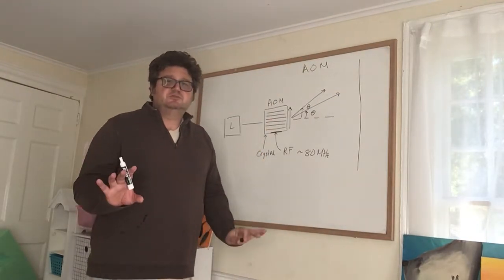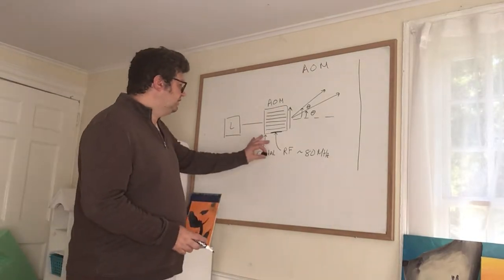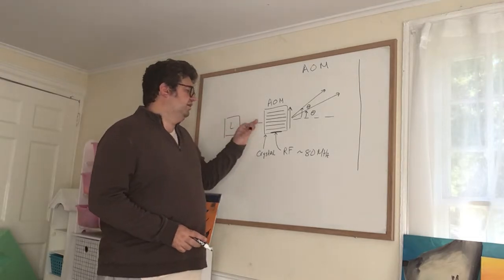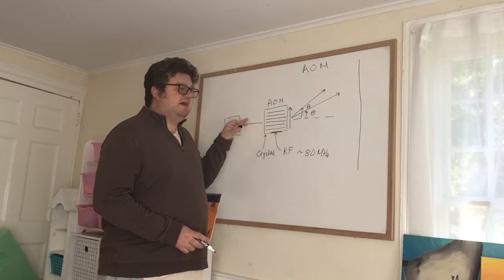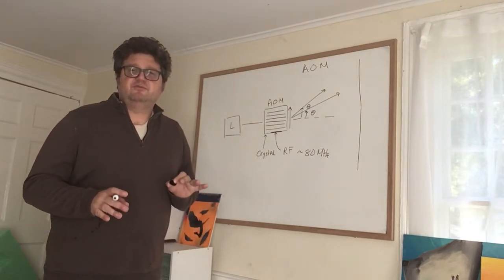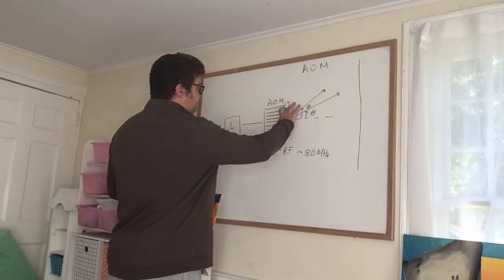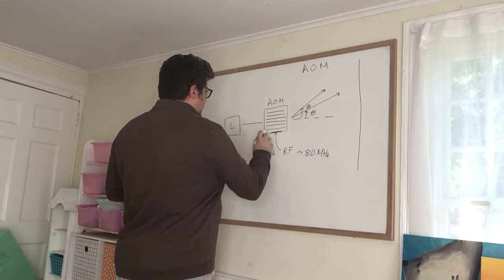So we're going to slightly change our point of view. Instead of looking at this in the lab frame of reference, we're actually going to look at it from the sound wave frame, so that the sound wave velocity here is basically 0.